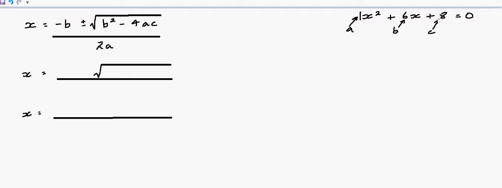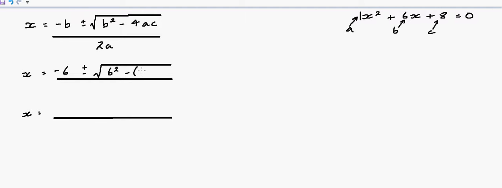Okay, so it says minus whatever B is. Now B is 6, but it says minus whatever that is. So that's minus 6 plus or minus, and again B squared. So that would be 6 squared minus, now I put a bracket in here, okay, in case I get a minus in here.